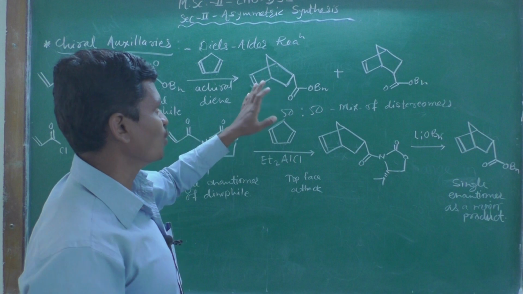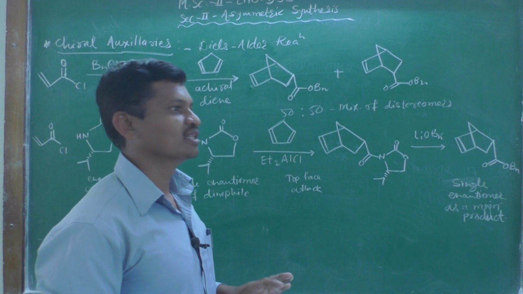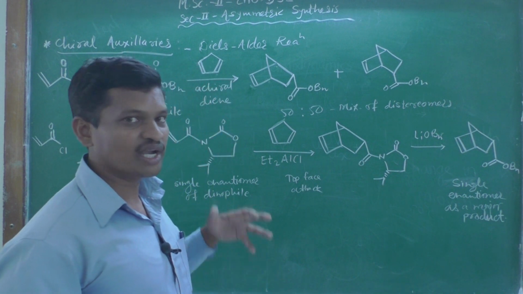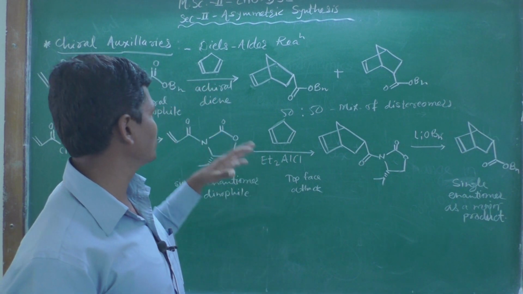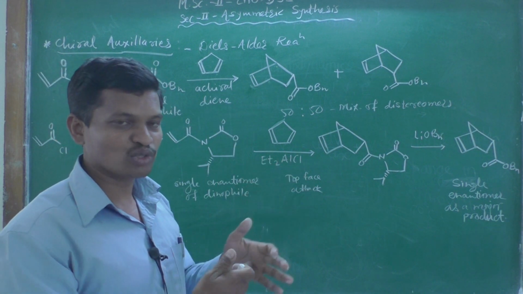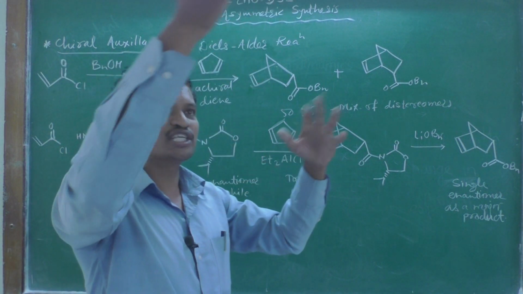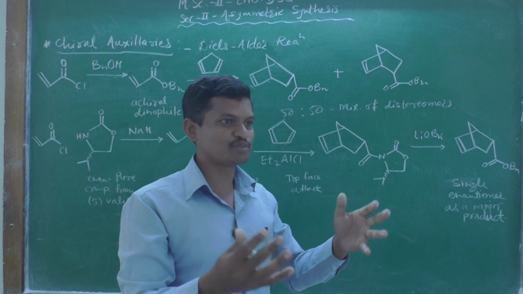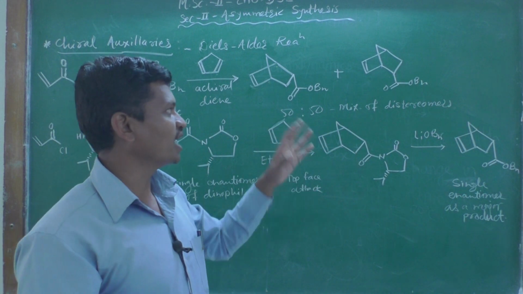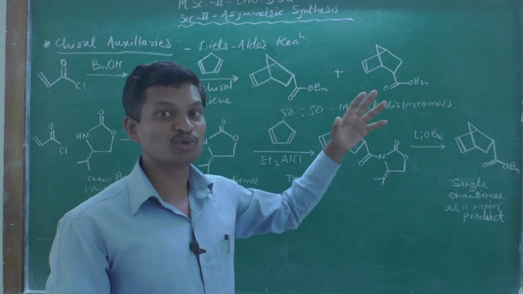The only difference between this product and this product is the orientation of the dienophile when it comes close to the diene, how it is oriented in space. That is the only difference, and due to that difference there are two chances for the formation of two different products.